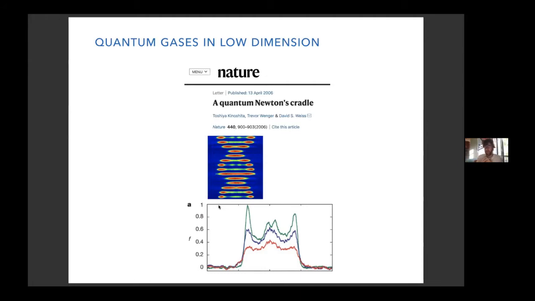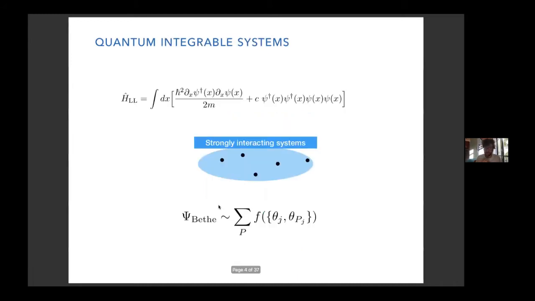Or if a macroscopic isolated system is expected to thermalize, should we expect some deviation if the system is in one dimension, and if the system is close to specific points which are called integrable points? And this will indeed be one of the main focuses of this talk.